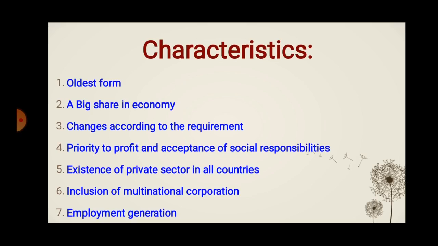From the beginning, there was private sector in the initial stage when business began. Government was not there to handle every sector.